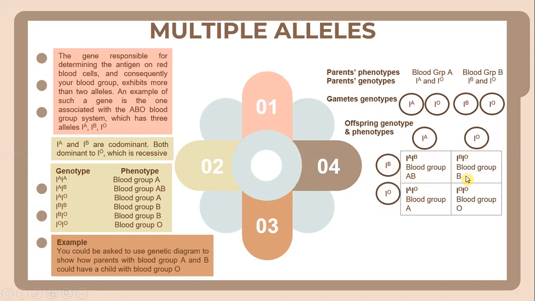I^B I^O gives blood group B. I^A I^O gives blood group A. And I^O I^O is the outcome for blood group O. So this is how you use the genetic diagram to show how parents with blood group A and B could have a child with blood group O.